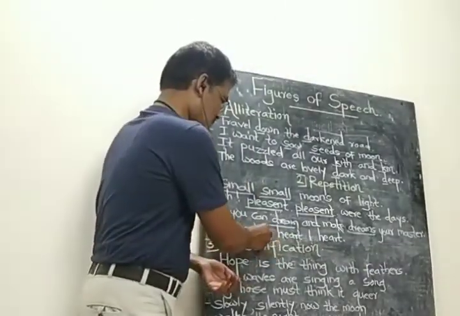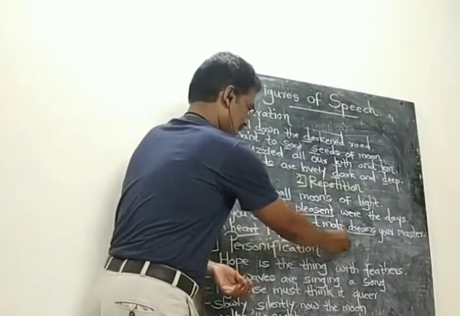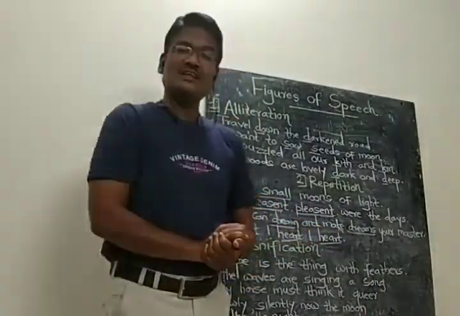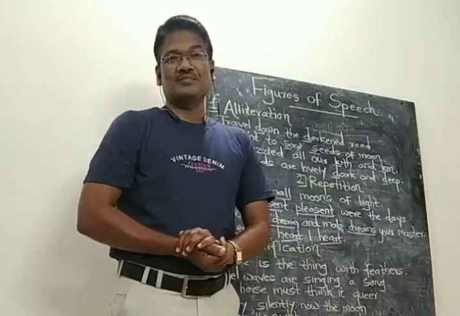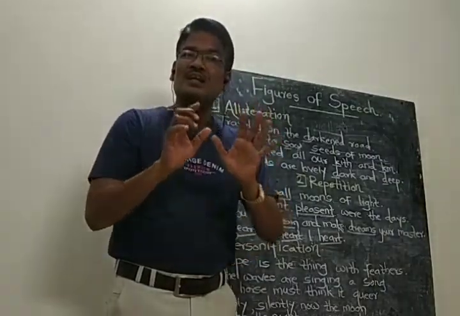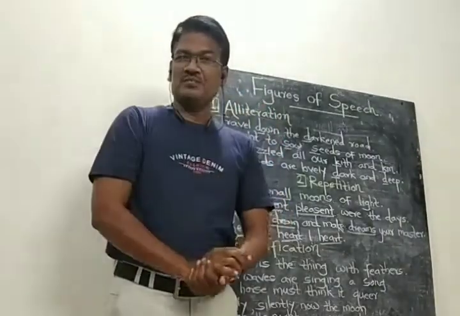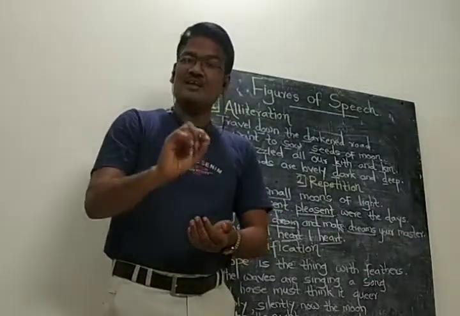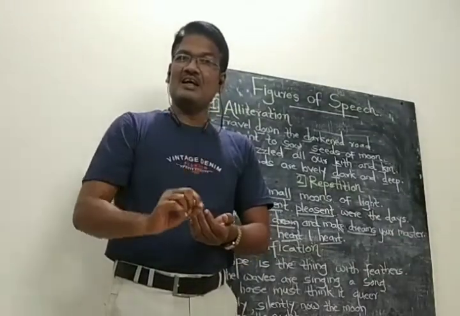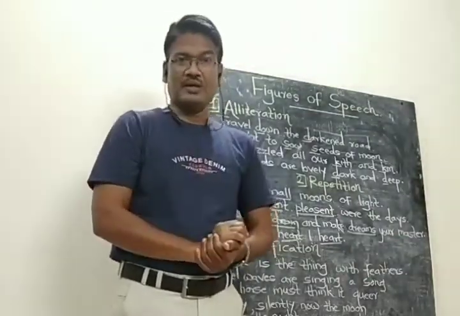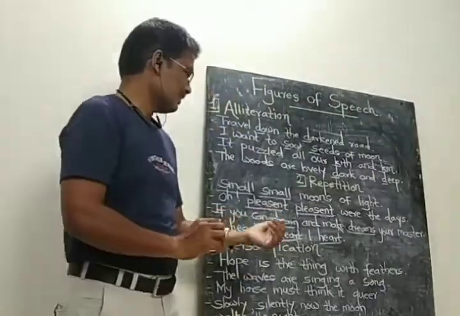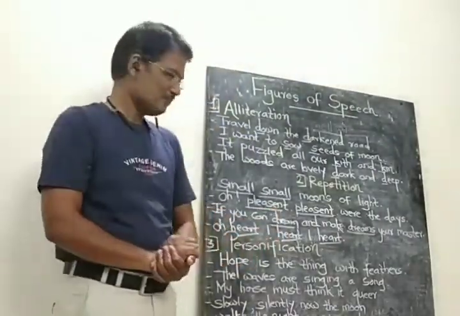Here, the same word is repeated again and again. Hence, it is called repetition. In short, in the figure of speech repetition, the same word is repeated again and again. Okay? Let us see the third figure of speech.